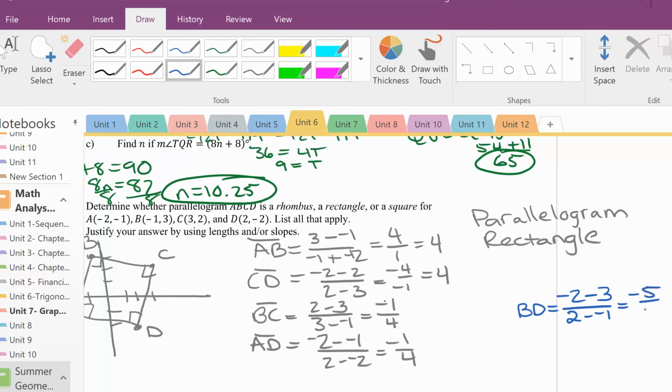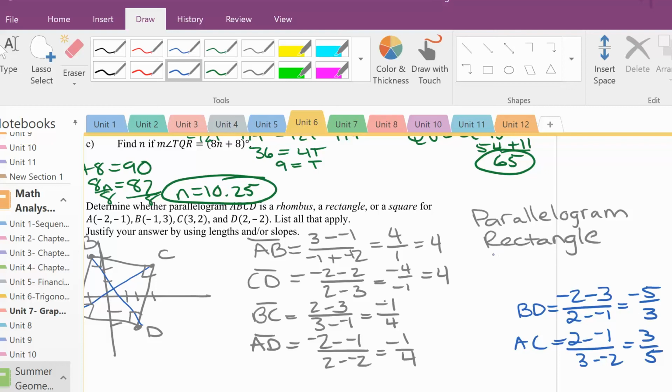And that's -5/3. And then the slope of AC, because that's the other diagonal. So AC is 2 minus -1 over 3 minus -2. So it's 3/5. And notice these are perpendicular.